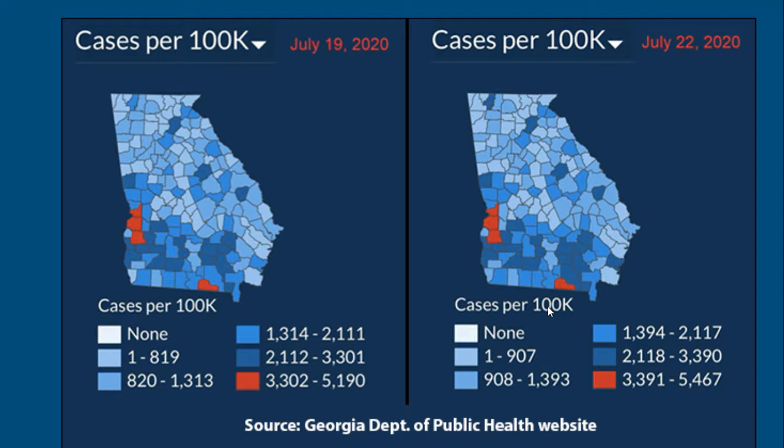However, do you notice that the intervals have changed in 3 days? On July 19th, to be a red county was in this range. But on July 22nd, if you have 3302, now you're in the blue because there was a higher group in the red.